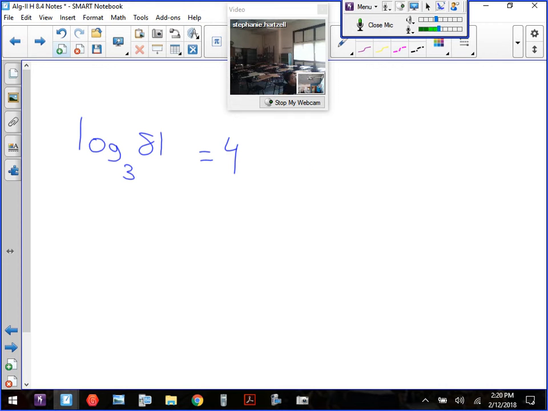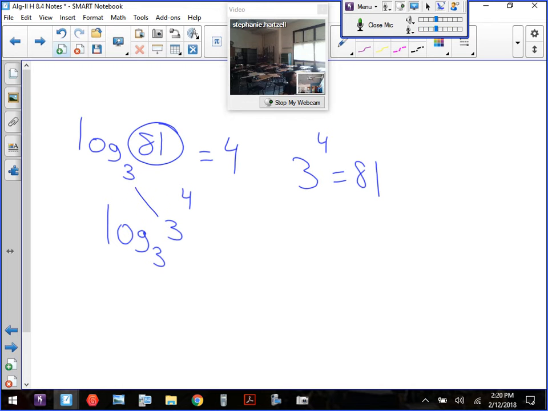So that meant that it was 3 to the 4th equals 81. So in my mind then, what if I did this? Log base 3 of 3 to the 4th. What did I do to that 81? I didn't reduce it. I rewrote it into a base of 3.